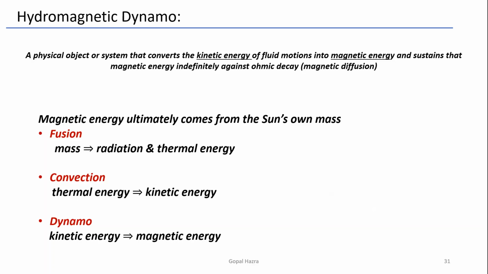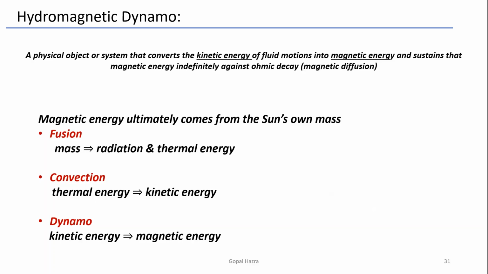So the dynamo is a process converting your kinetic energy to magnetic energy against your ohmic dissipation. It's a hugely turbulent system, so you have dissipation at all scales. Against this dissipation, your energy dissipation is happening on a turbulent scale, but you need some generation mechanism. That is called the dynamo.